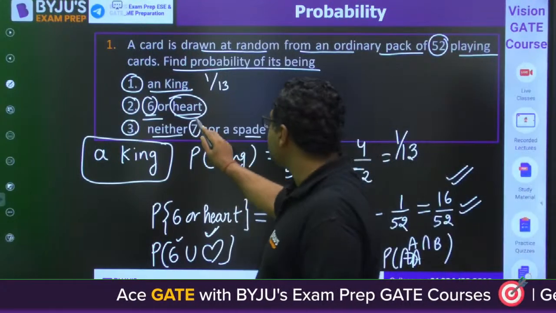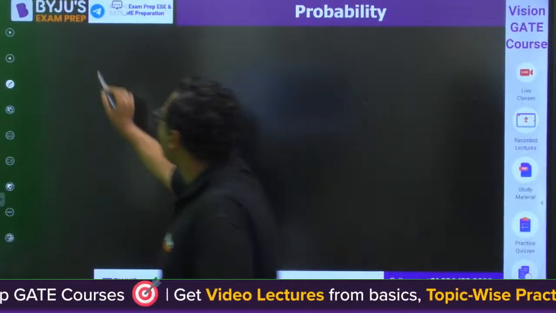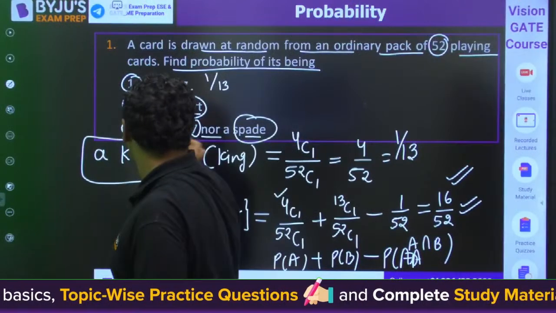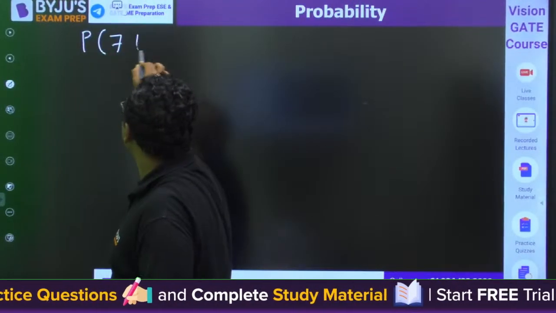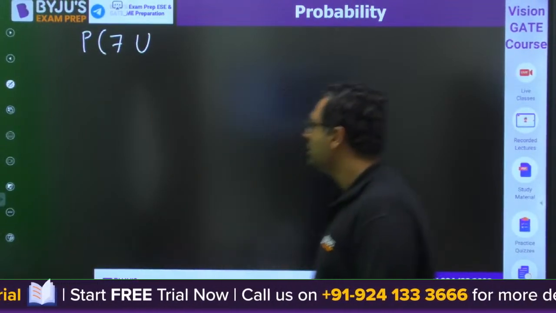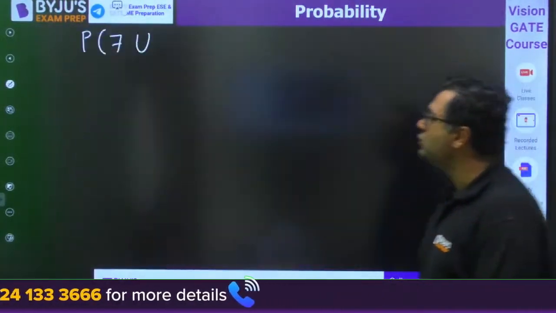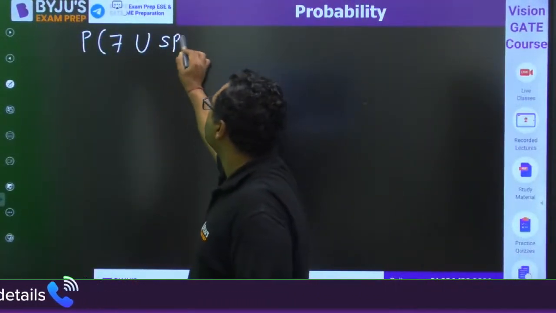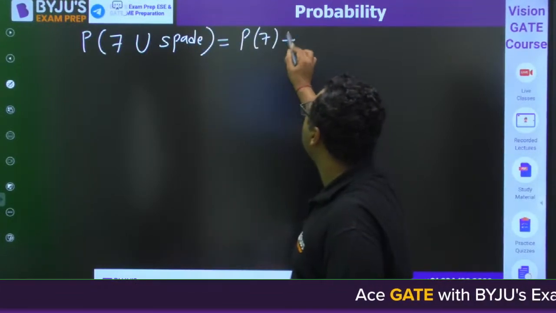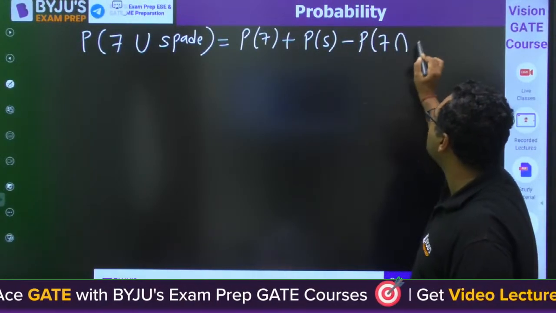If he is saying neither 7 nor spade, so my dear, you can also say it is probability of 7 or spade. When we are talking about 7 or spade, it will be probability of 7 plus probability of spade minus probability of 7 intersection spade.